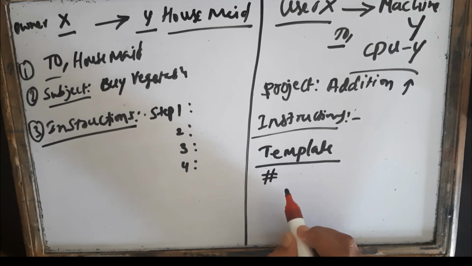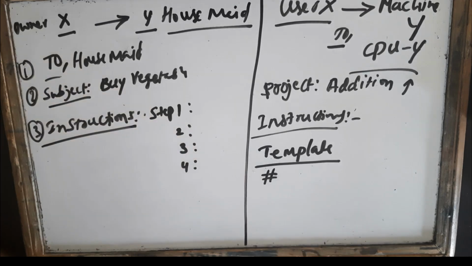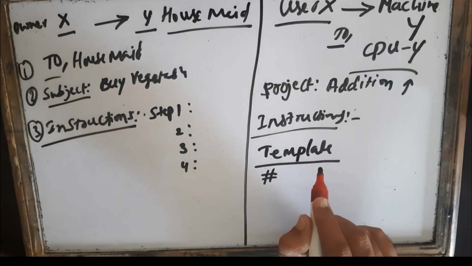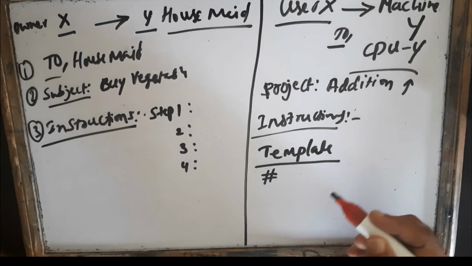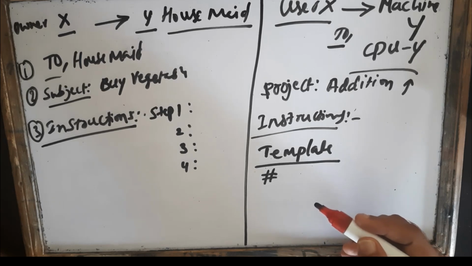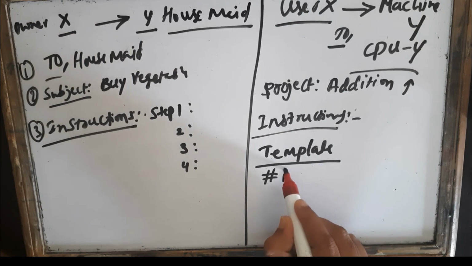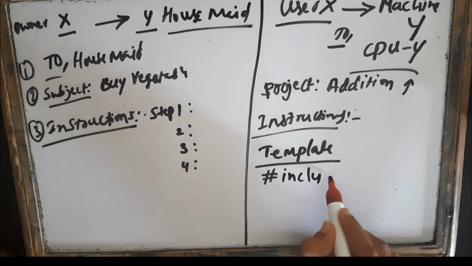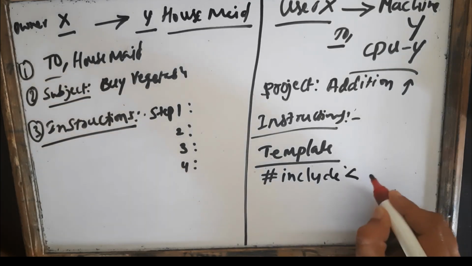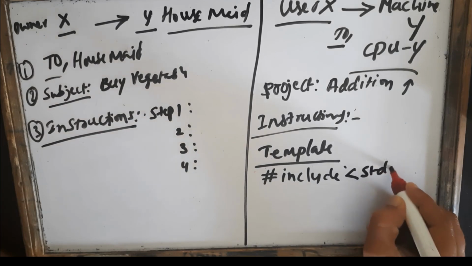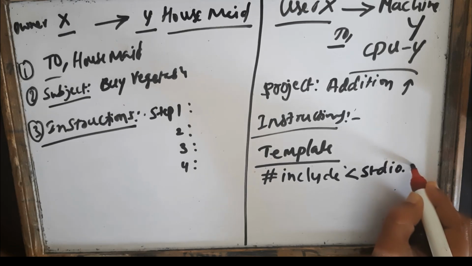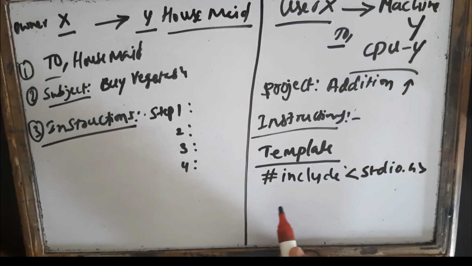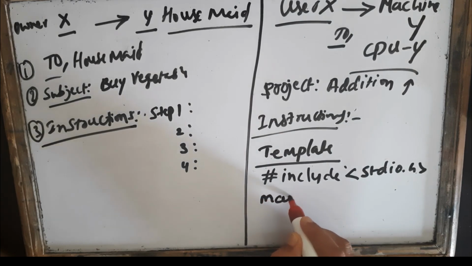It looks very cryptic initially, but once you repeat this experiment, then you will get to know why we needed this kind of information. So this is the start of the line, include stdio.h. Okay, then we say main.